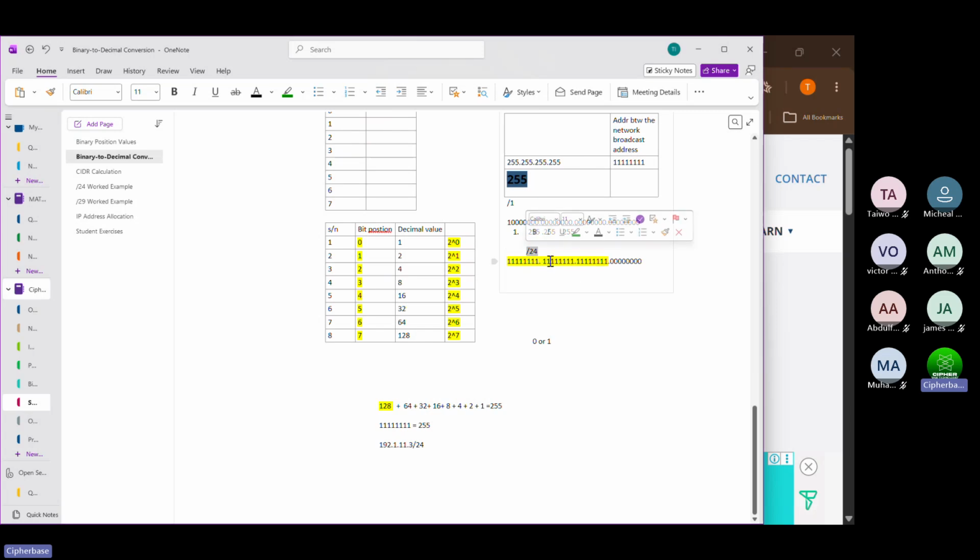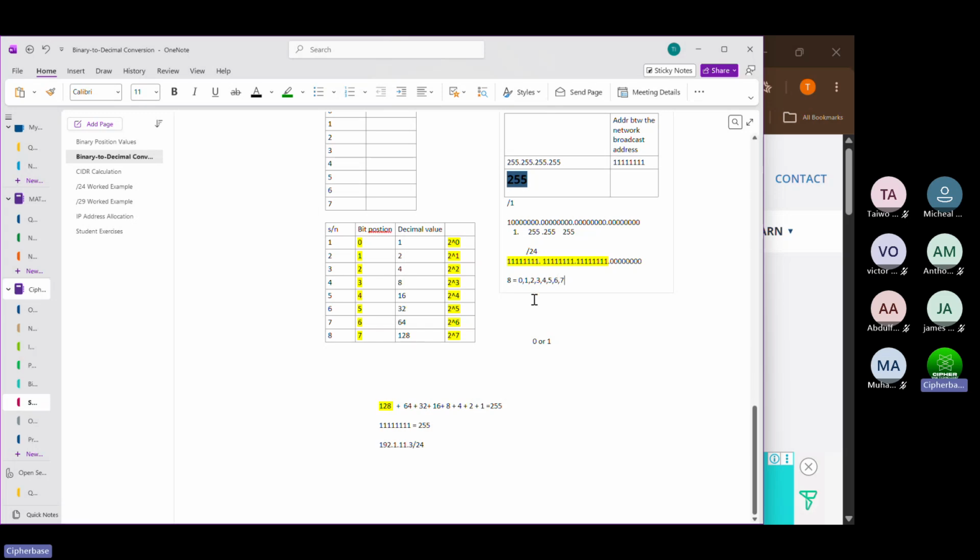For you to understand, to convert this octet, you need to do it like this. That's why I said your 8 bits is always like this in a computer.